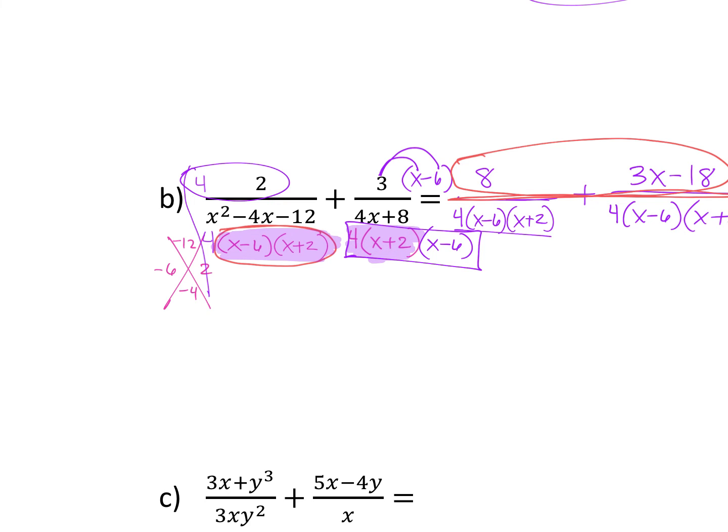We had an x minus 6 and an x plus 2 on the left. We had a 4 and an x plus 2 on the right. So to make them identical, we had to multiply by 4 over here, and by x over x minus 6 on the other side, so that my two denominators were exactly the same. Oh, so since the left side didn't have the 4, that's what you multiplied by. Yeah. Since the right side didn't have the x minus 6, that's what we multiplied by. Okay?